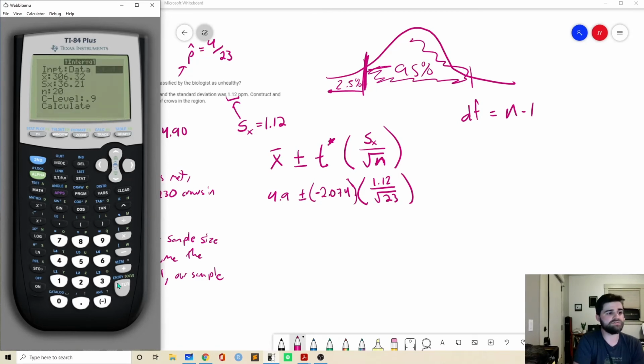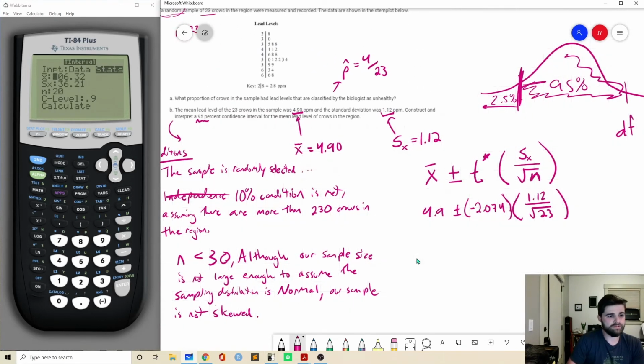You can actually put in all the data if you wanted to, but we already have the statistics summarized for us, so we're going to put in that. Our mean is 4.9. Our standard deviation of our sample is 1.12. Sample size is 23. And we want a 0.95, 95% confidence level.